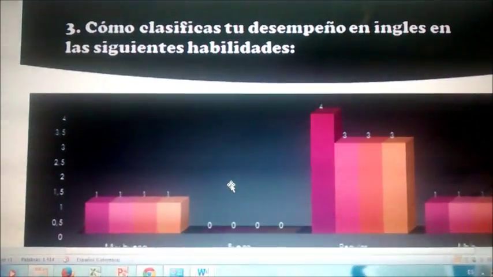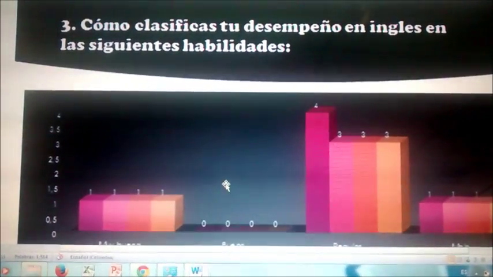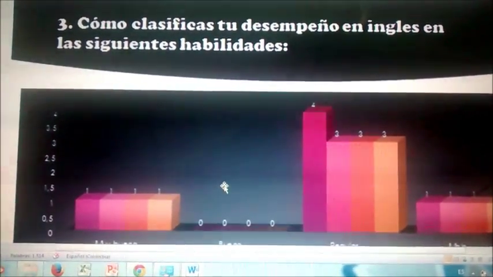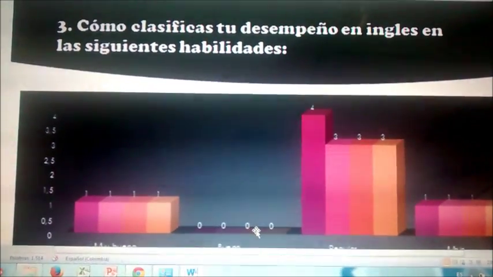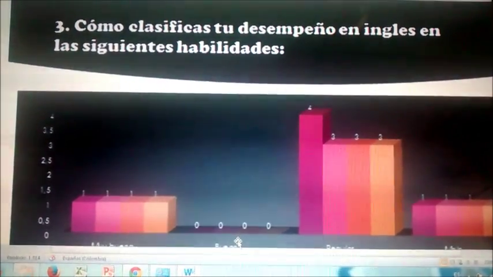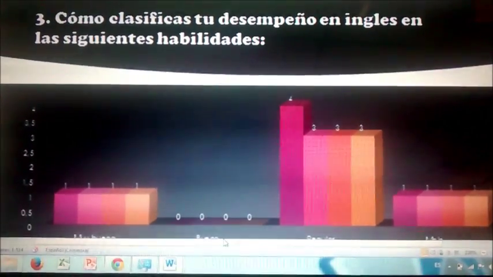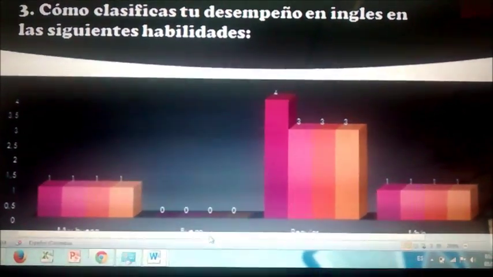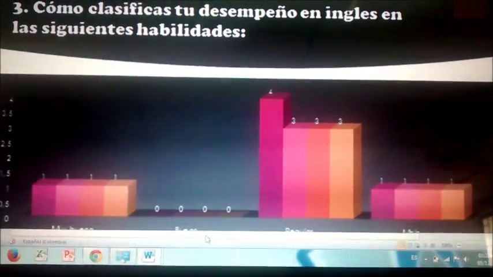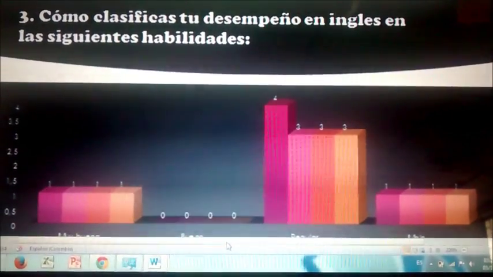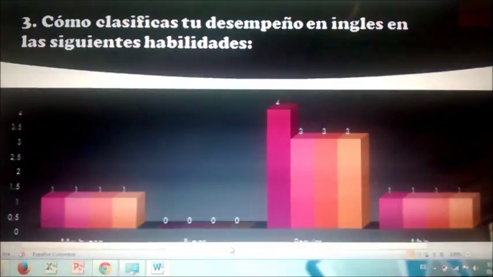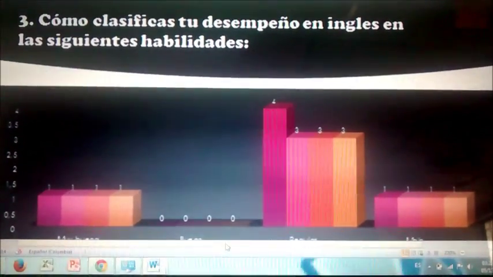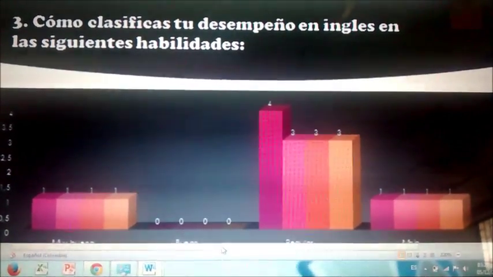The other half of the students answered that their proficiency in skills as listening, reading and writing also was bad. Only one student from the sample answered that his or her proficiency in the language skills was good.